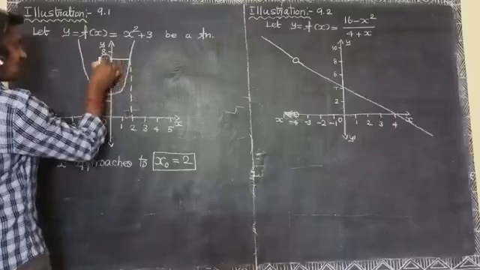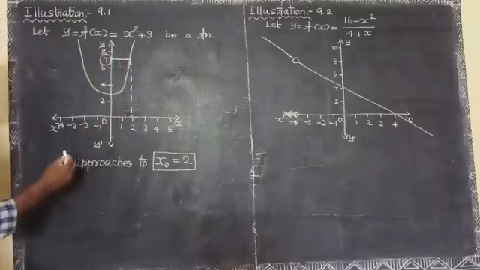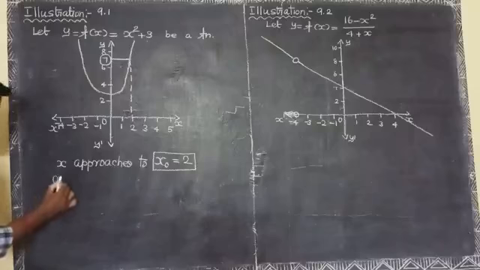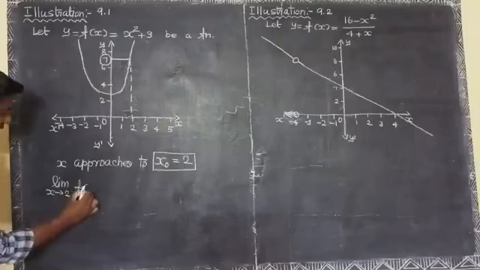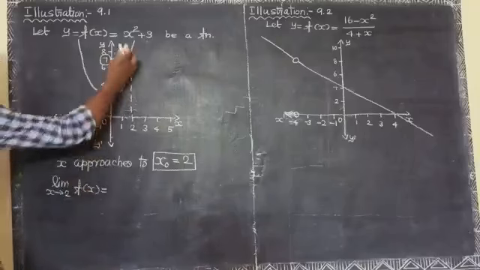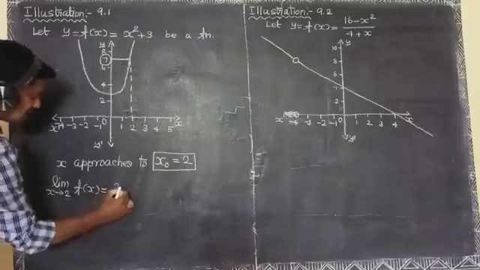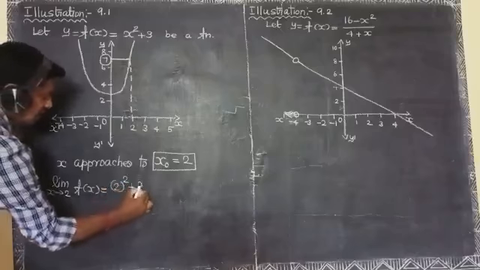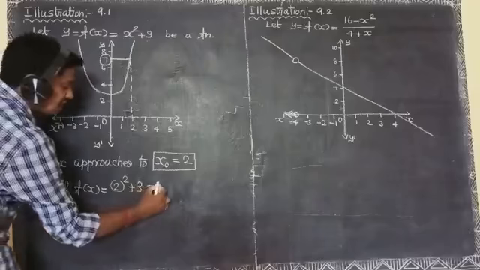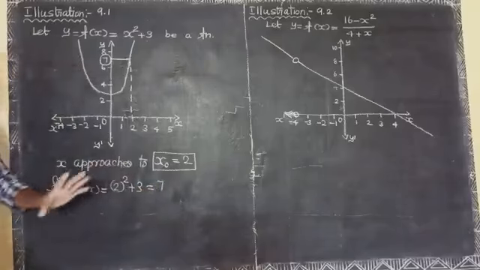Here the limit as x tends to 2 of f of x, where f of x is x squared plus 3, is 2 squared plus 3. 2 squared is 4, and 4 plus 3 is 7.